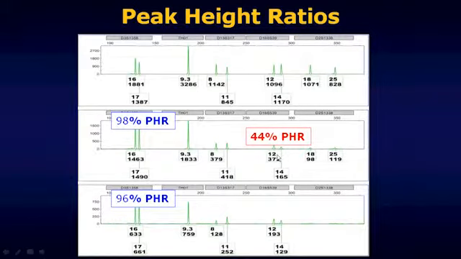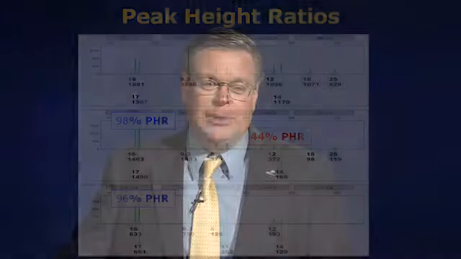Maybe what we're seeing here is simply some sort of artifact associated with the reality that these peaks aren't very tall to begin with. There's this phenomenon known as a stochastic effect, just a sampling error problem that starts to rear its head, causing problems for DNA analyses when we're talking about small amounts of starting material.